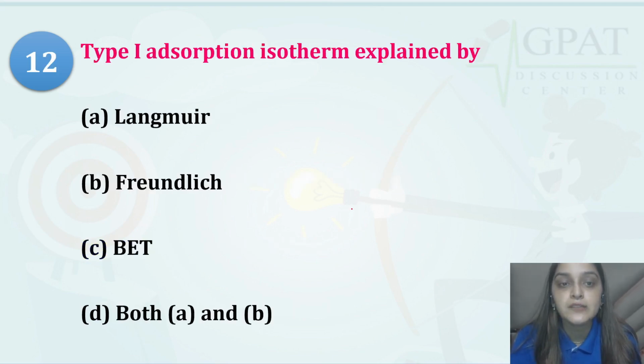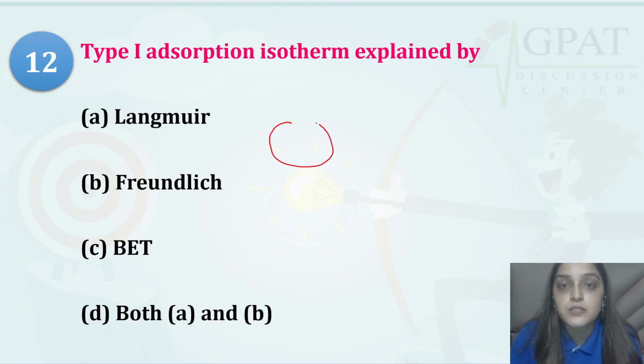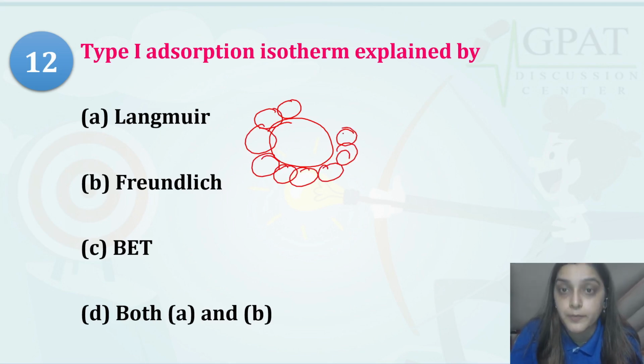Moving on. Type 1 adsorption isotherm is explained by which one? Generally the adsorption isotherms are derived from the Langmuir and Freundlich isotherms both. If you remember some basics, we talk about how much solute is adsorbed on an adsorbent.